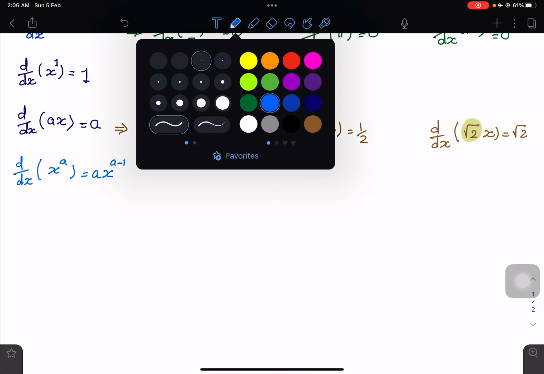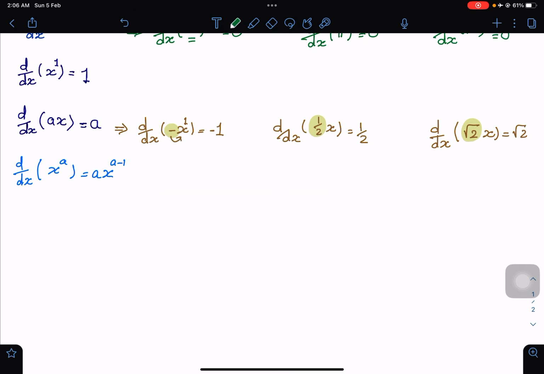Example, d over dx for x power 4, and d over dx for x power -5, and d over dx for x power half.